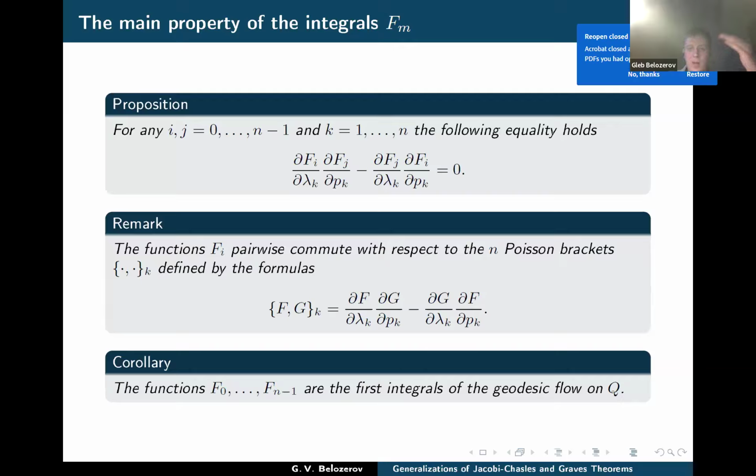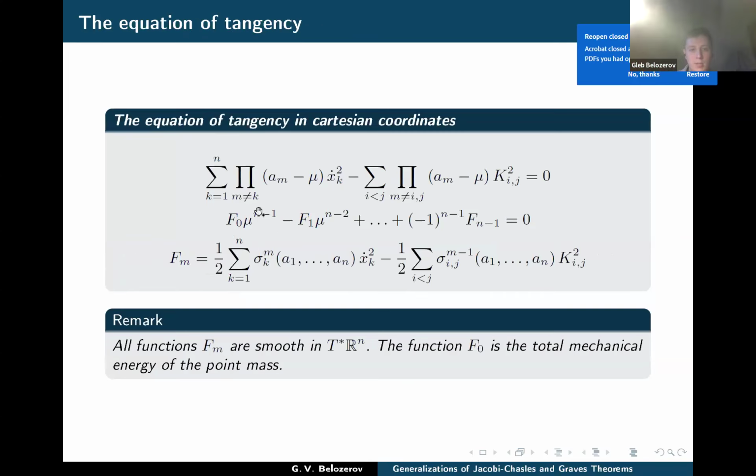So the functions f0, ..., fn minus 1 commute with respect to the standard Poisson bracket on an arbitrary intersection of confocal quadrics. So the functions f0, ..., fn minus 1 are the first integrals of the geodesic flow on Q. It means that this polynomial is constant on a geodesic.